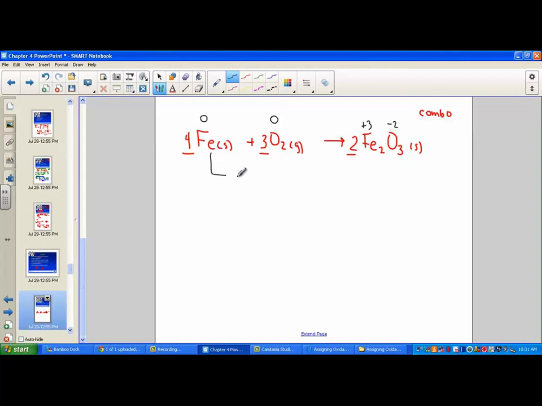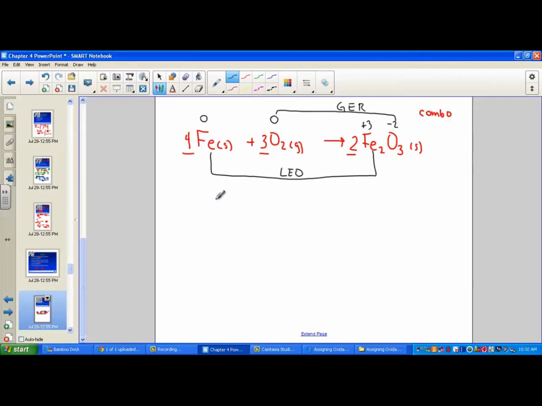So iron went from a 0 to a +3, and oxygen went from a 0 to a -2. Iron became more positive, didn't it? The loss of electrons is oxidation. Oxygen became more negative. The gaining of electrons is reduction.